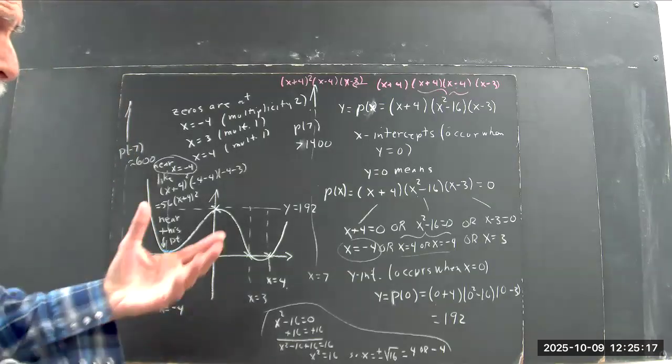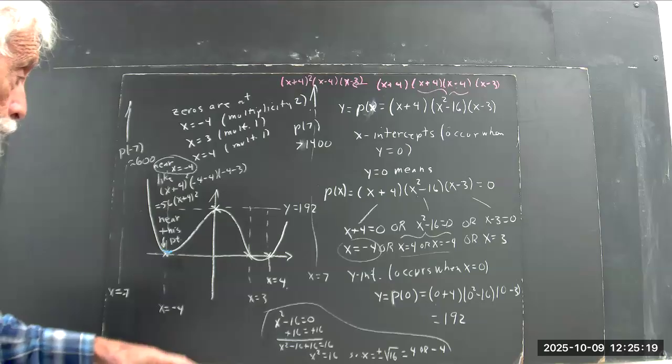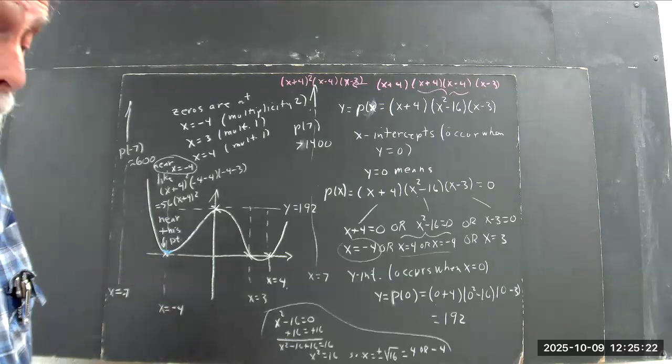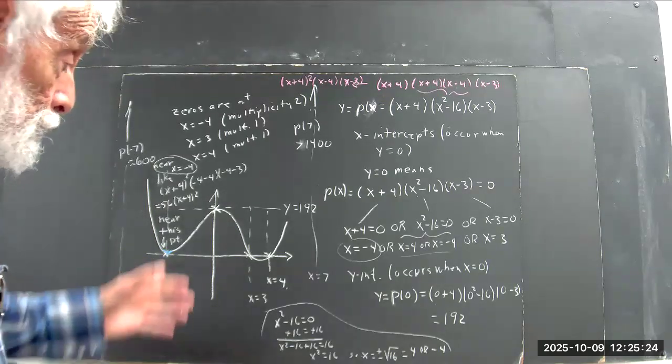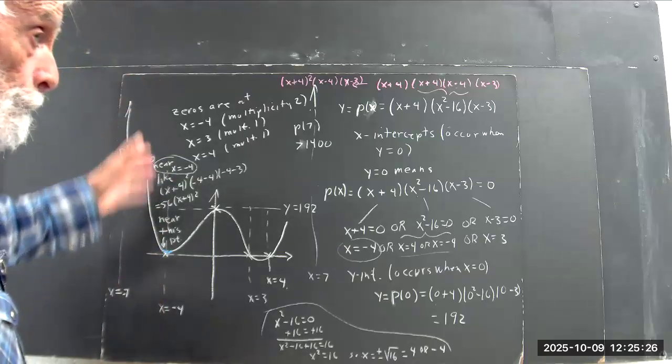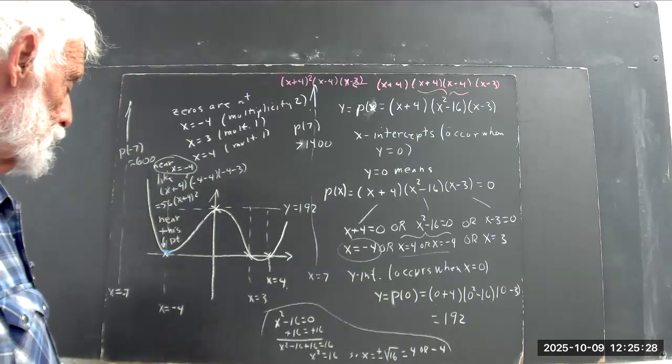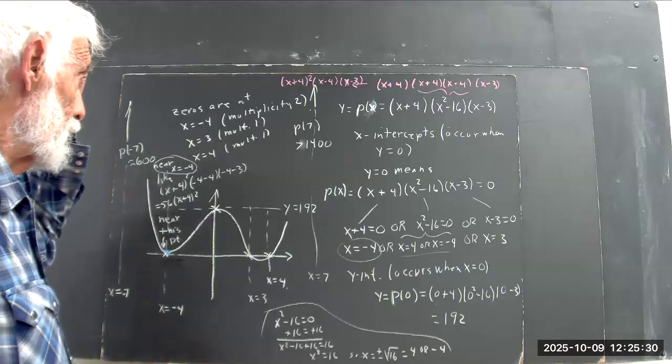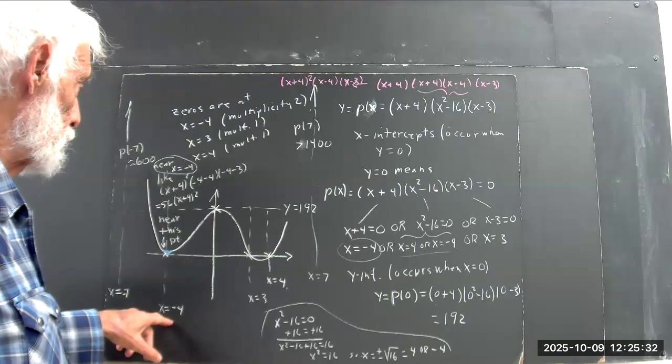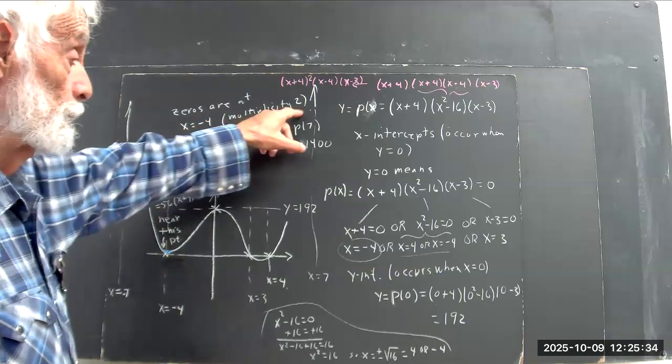Not very well drawn. Chalk has its limitations, so do I, but there it is. Okay. And whether you totally understand that, it should help convince you that the function has to be like a parabola near its zero of multiplicity 2.